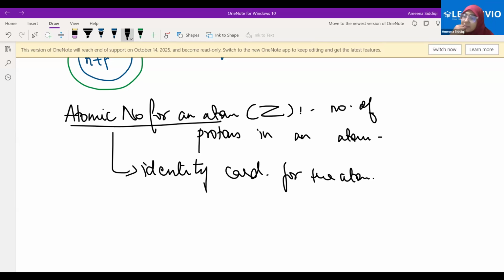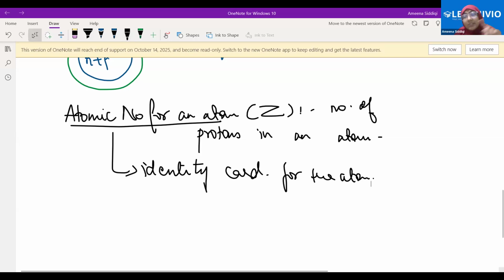Good. In one element, all the atoms are the same, right? Therefore, all the atoms will have the same atomic number. That is why we also say the atomic number for the element.